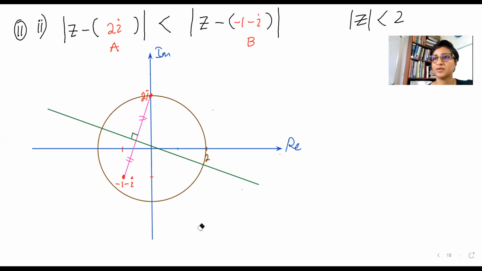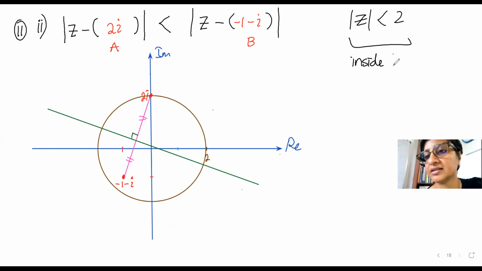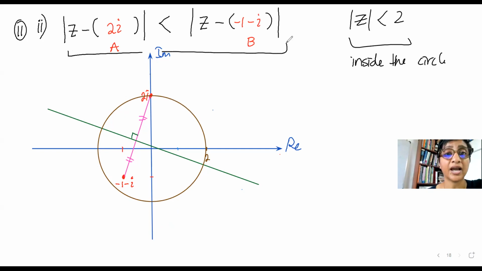According to this, I have to be inside the circle, and also according to this, I have to be on which side of the perpendicular bisector? This is A, this is B, on the side of A. Yeah, they are all the same things.